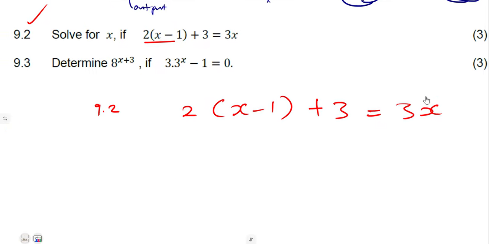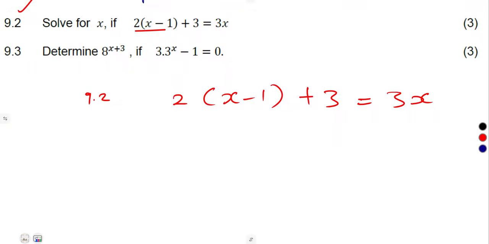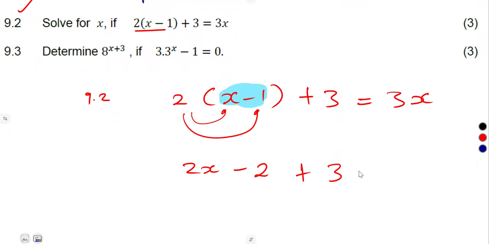So distribute by 2 each term that we see inside of the bracket here. That was going to be what? 2 times x, which is 2x, 2 times negative 1, which is negative 2. The plus 3 is on its own. So we're just going to add that 3. That is equal to 3x.